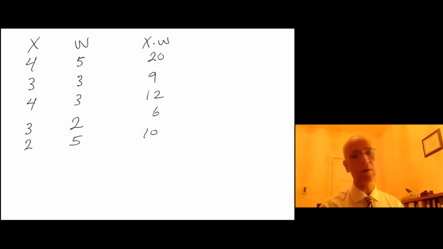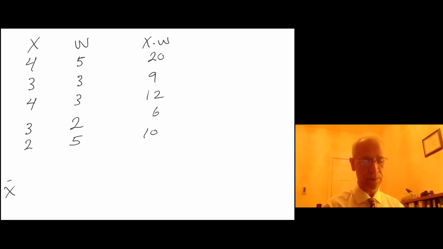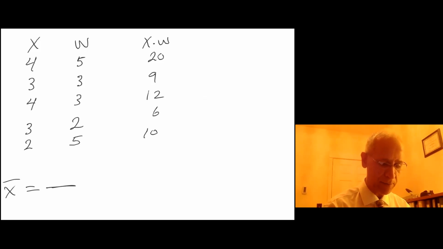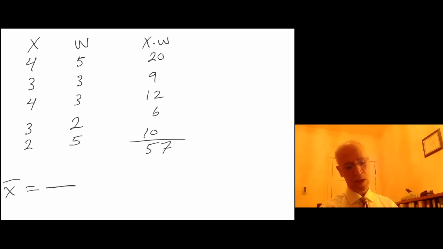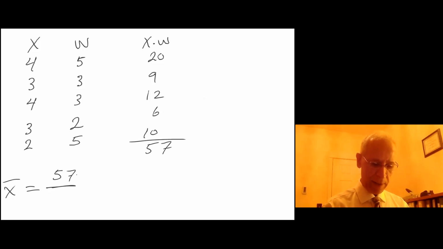And we want to know what is your accumulated GPA? What is X bar equal to? So we said X bar equals the collection, or sigma, of X times W. Add this together. That gives me a total of 57. So 57 goes up here, divided by the total of weight right here.